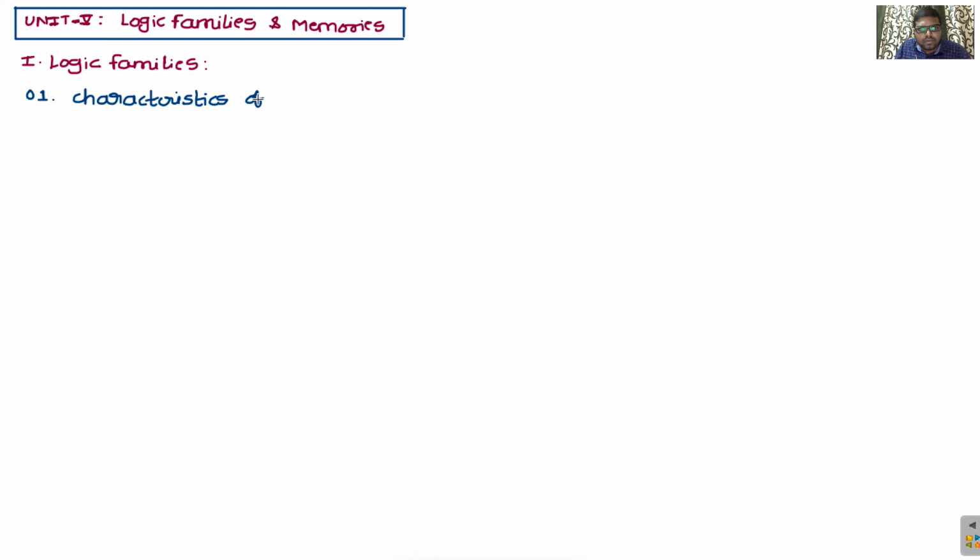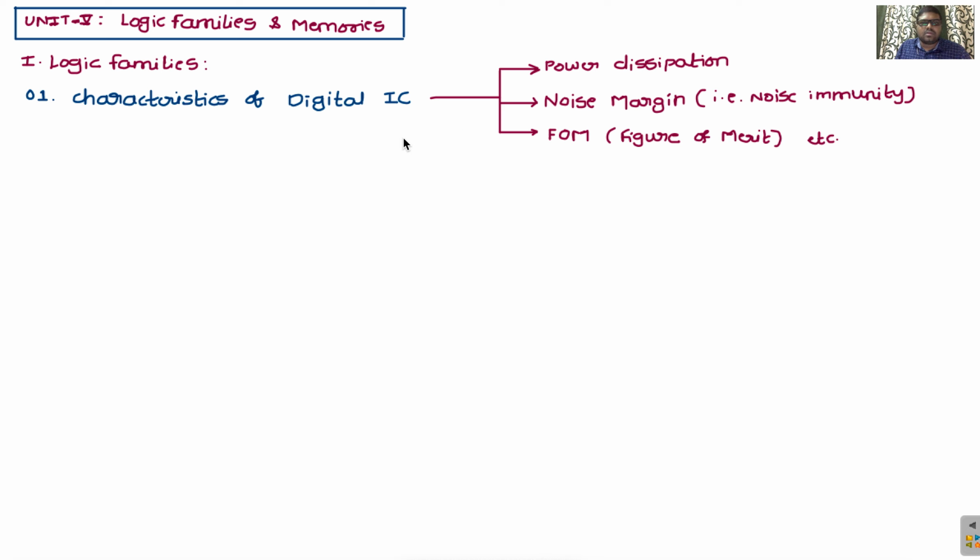Here we have three characteristics: power dissipation, noise margin, which is also called noise immunity, and figure of merit, etc.